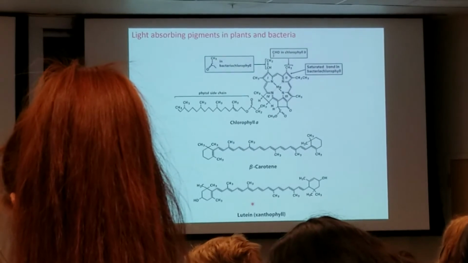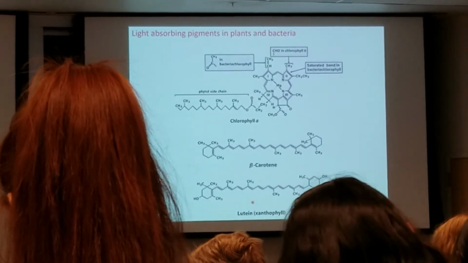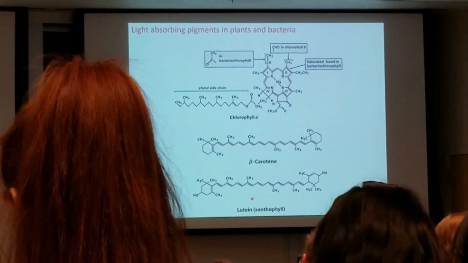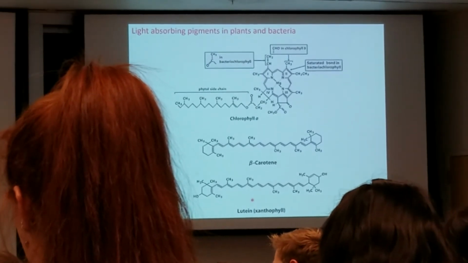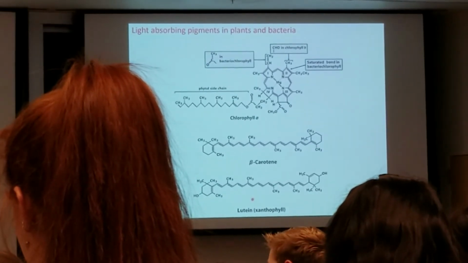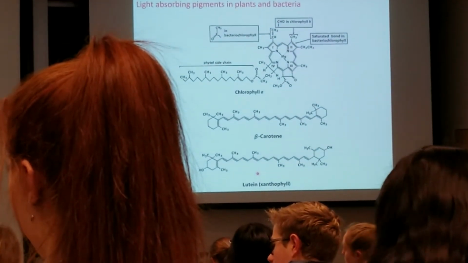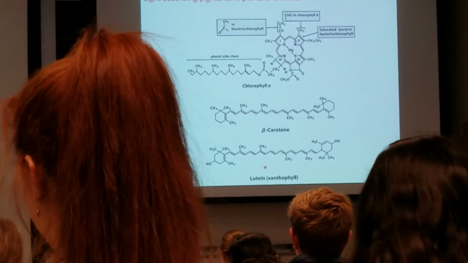And sometimes students ask me, well, why do carrots, which grow on the ground, have all this carotene in them if it's not doing photosynthesis? And I don't have a good answer. The point is, when it's facing light, all 3 compounds absorb light at different wavelengths. And that's a good thing.